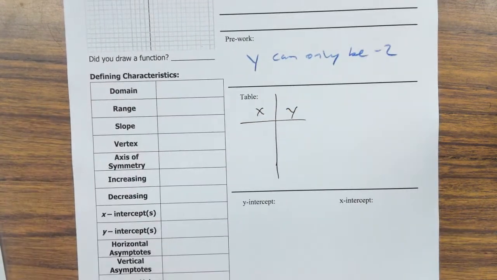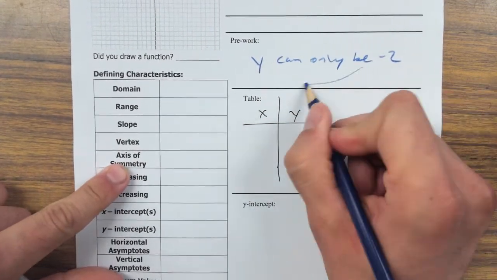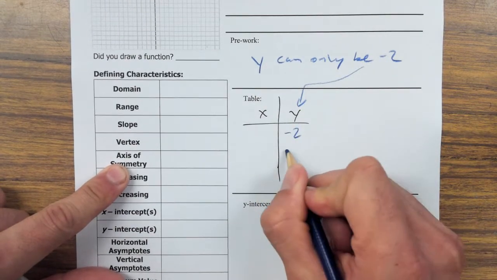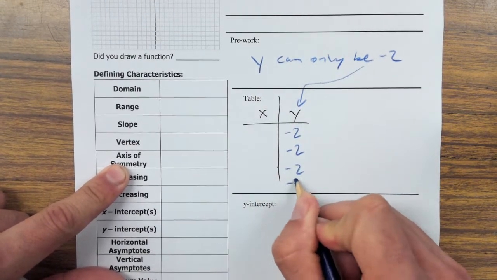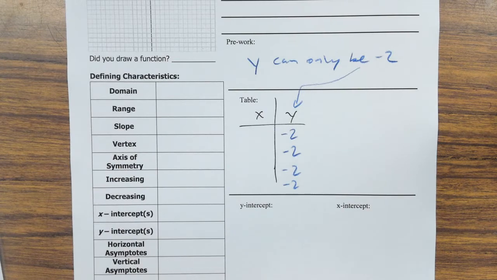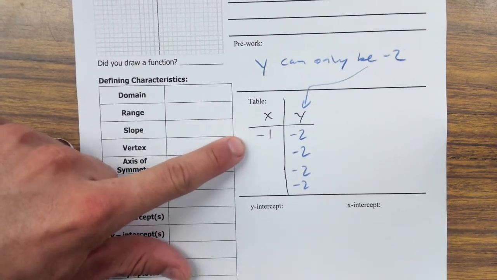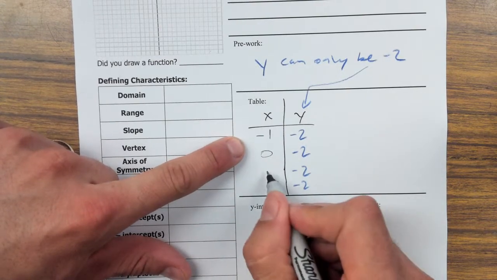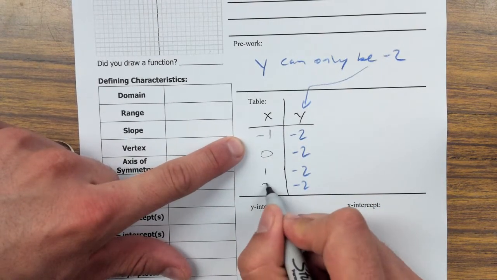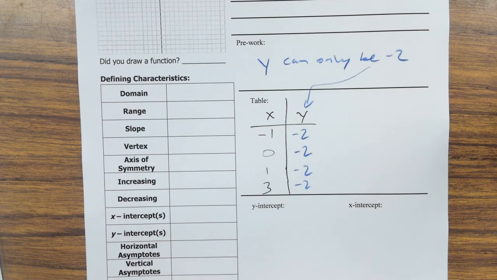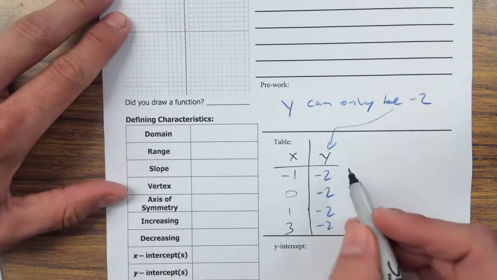Since y can only be -2, that means no matter what x we use, we can only have one y answer. No matter if x is -1, 0, 1, or 3, you can pick any x you want, 5, -5, you're only going to get y to be -2.